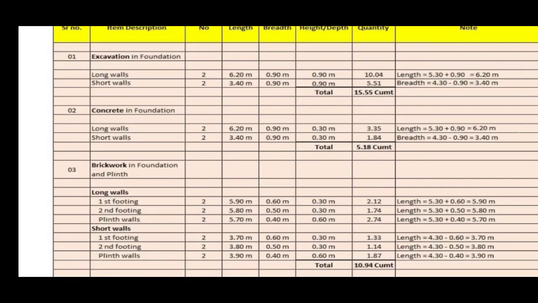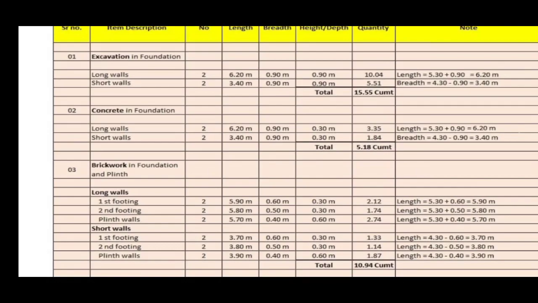It is 5.18 cubic meters. Now we are going to calculate the brickwork in foundation and plinth, for which the long walls are bifurcated in three different steps. First step of footing, second step of footing, and plinth walls.